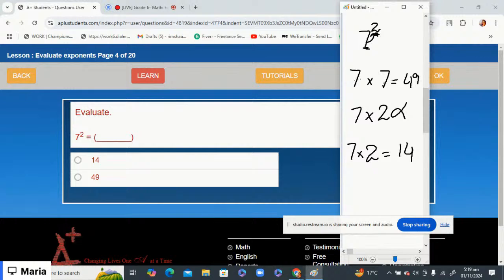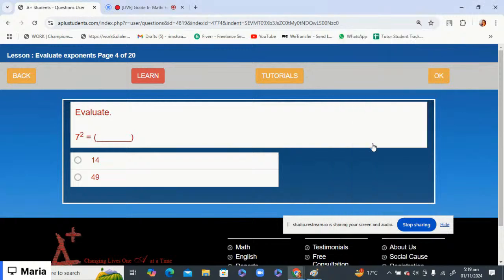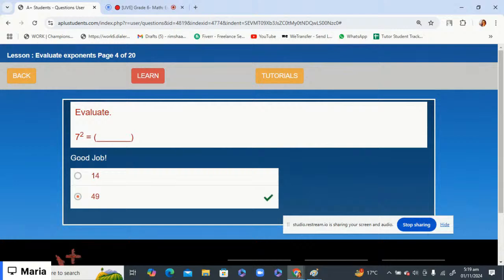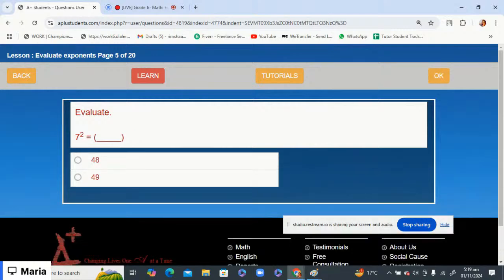Everyone tell me now. Think about it and then I will put the answer here. 7 times 7 is 49, and when you multiply 7 with the 2, the answer is 14. So which is the right answer? 7 times 2 is 14 is not the right answer. 7 times 7 is 49. This is the right answer. So let's go with it. Hope you guys understand this.